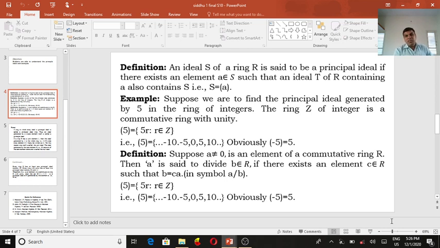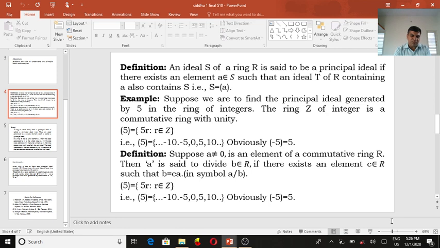For example, suppose we are to find the principal ideal generated by 5 in the ring of integers. The ring Z of integers is a commutative ring with unity. Not only 5, suppose we multiply Z by 3. What do we get?